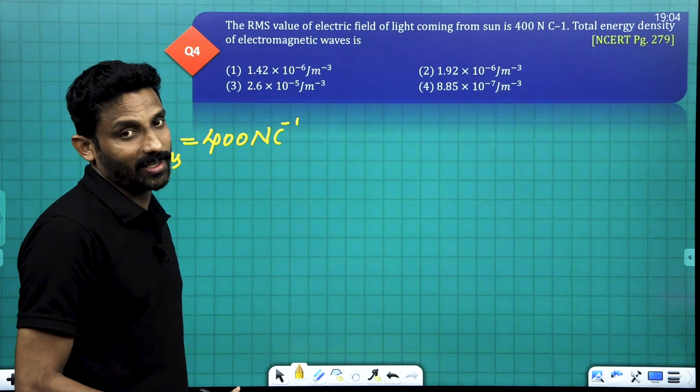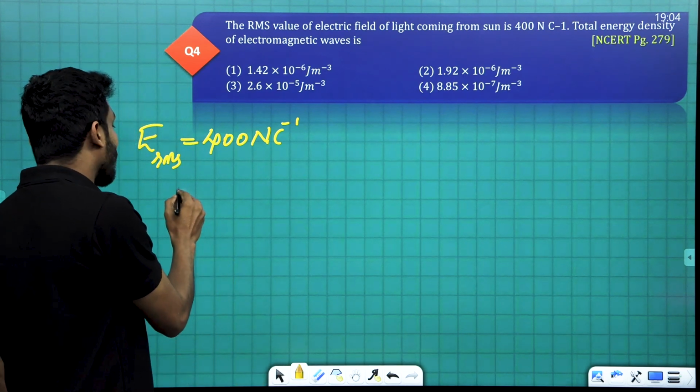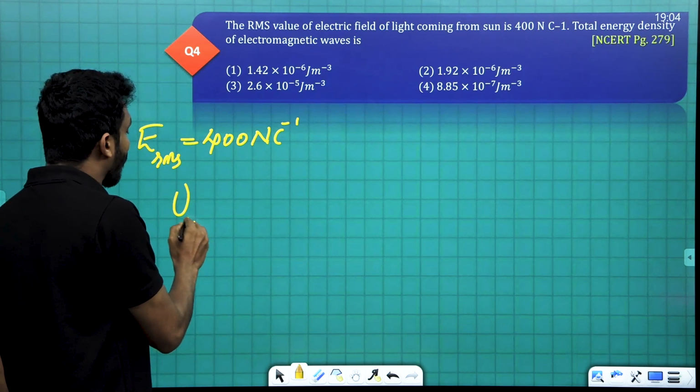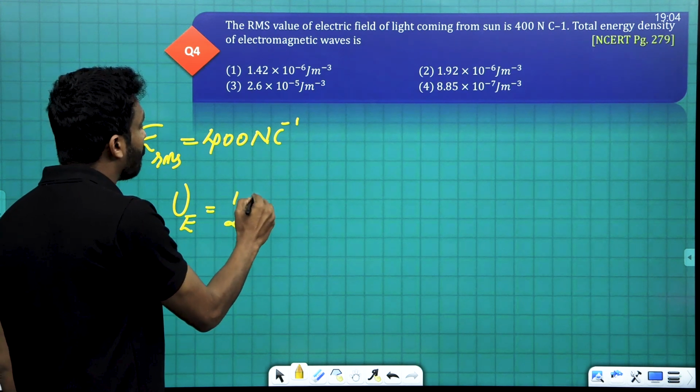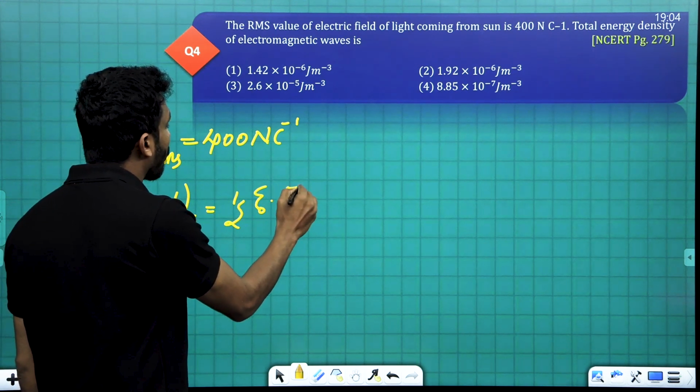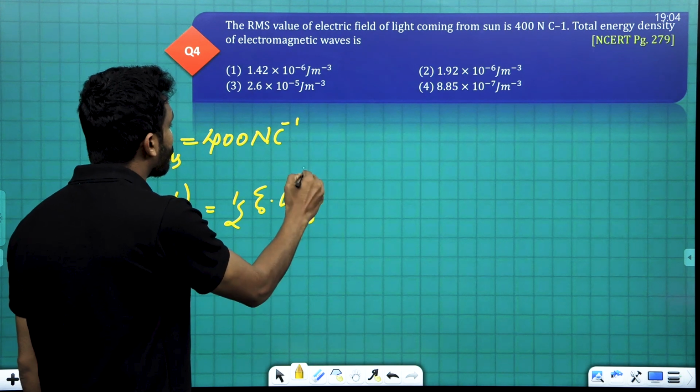Total energy density. The energy density contained in the electric field is half epsilon naught E RMS square.